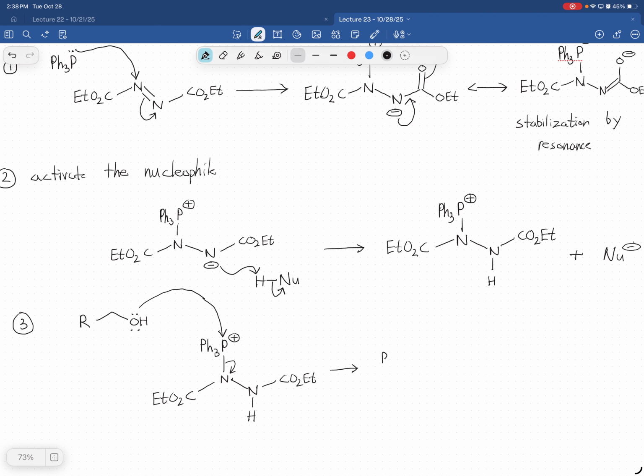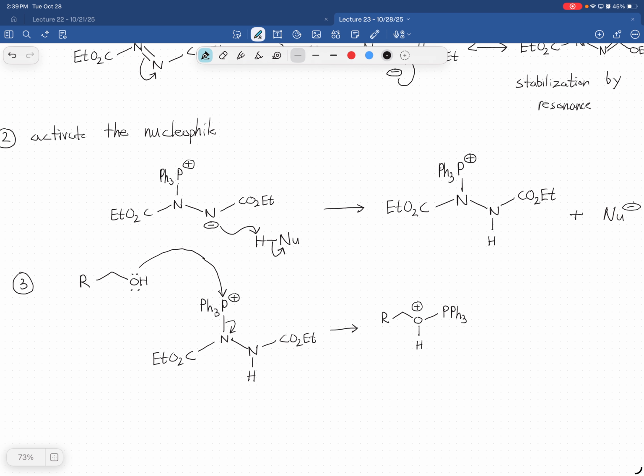All right, so now the alcohol is acidic and it's bonded to a phosphorus atom. That makes this now a very good leaving group, just like we saw before with thionyl chloride and PX3. Okay, so let me just make a little room here.